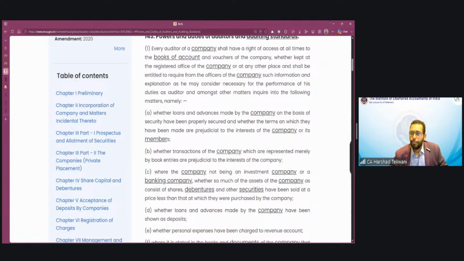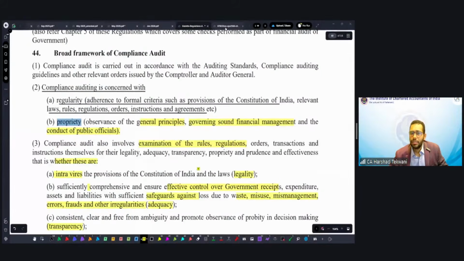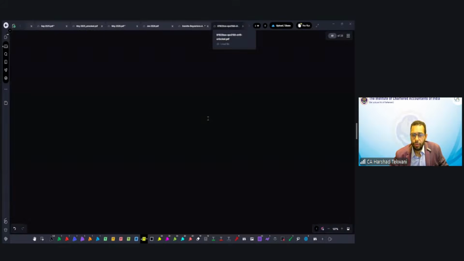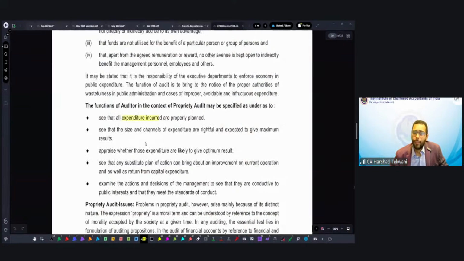So proprietary in nature means we are talking about sound financial management and public conduct. Expenditures incurred should be properly planned. There should be a rightful channel through which the expenditure is incurred. They should give optimum, maximum results.